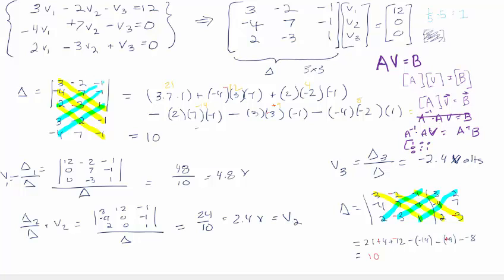Maybe it's a 3 by 3. Times V equals A inverse B, and so then you get V equals A inverse B. So I can solve for the vector V that way.